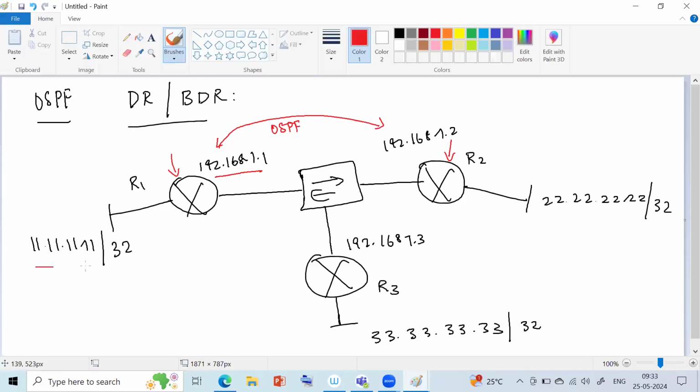Then I will advertise, so any neighbor of mine can also see, network 11.11.11.11/32. I advertise both the networks and I enable the OSPF feature on this router.